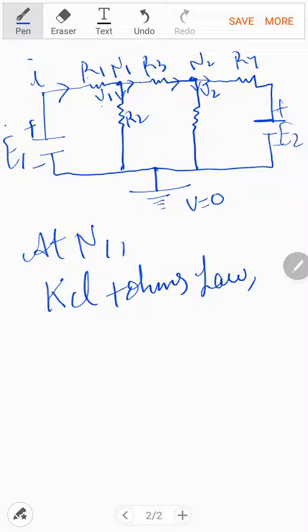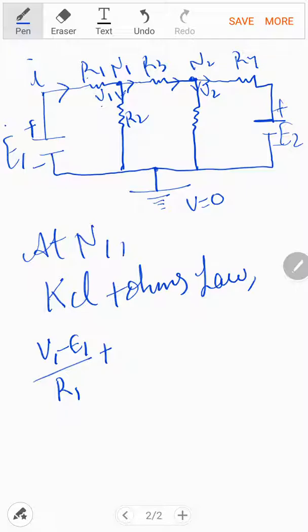So at node 1 the current I will be equivalent to (V1 minus E1) divided by R1, plus the current flowing through R2, which will be added as a sum, because Kirchhoff's current law says the net sum of the currents at the node is 0.